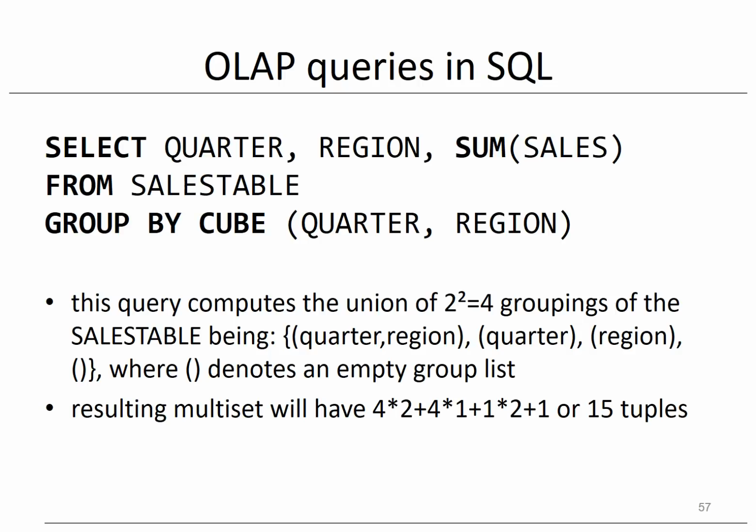Basically, this query computes the union of 2 to the power 2 or 4 groupings of the sales table, being quarter region, quarter, region, and an empty group list representing the total aggregate across the entire sales table. In other words, since quarter has 4 values and region 2 values, the resulting multiset will have 4 times 2 plus 4 times 1 plus 1 times 2 plus 1 or 15 tuples.